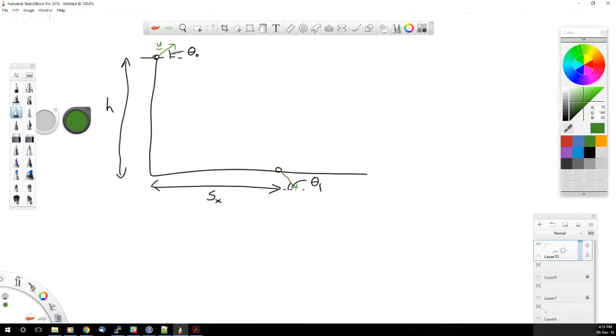So this initial velocity here, we've got initial components, u x, u y. And then we've got this final velocity.